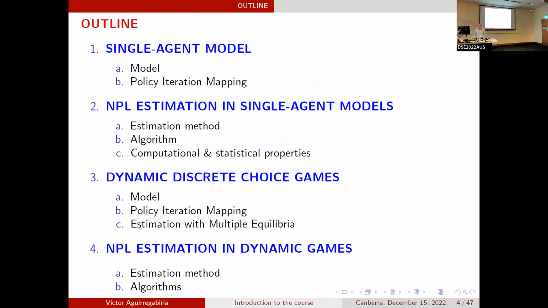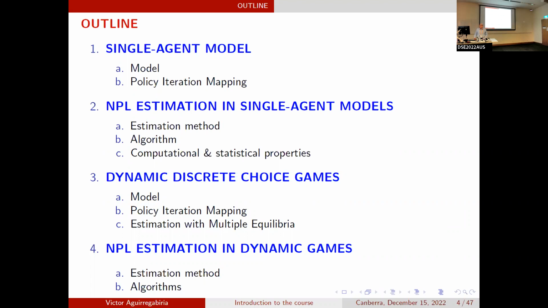Then in the rest of the two lectures, I will talk first about single agent models and then about dynamic games. I will start with some notation, things that we have already seen in the other courses, but just to remind us about some important aspects of these models.